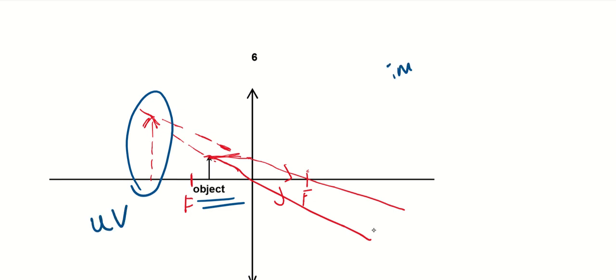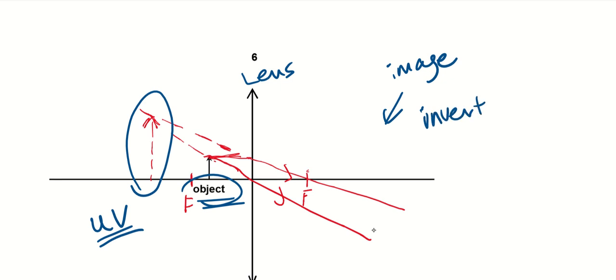Traditionally at O-level, the object is always placed on the left hand side. So if the image is found on the same side as the object, it is upright and virtual, UV. If the image is found on the opposite side of the object, with the lens as the reference, then this image is going to be inverted and real.